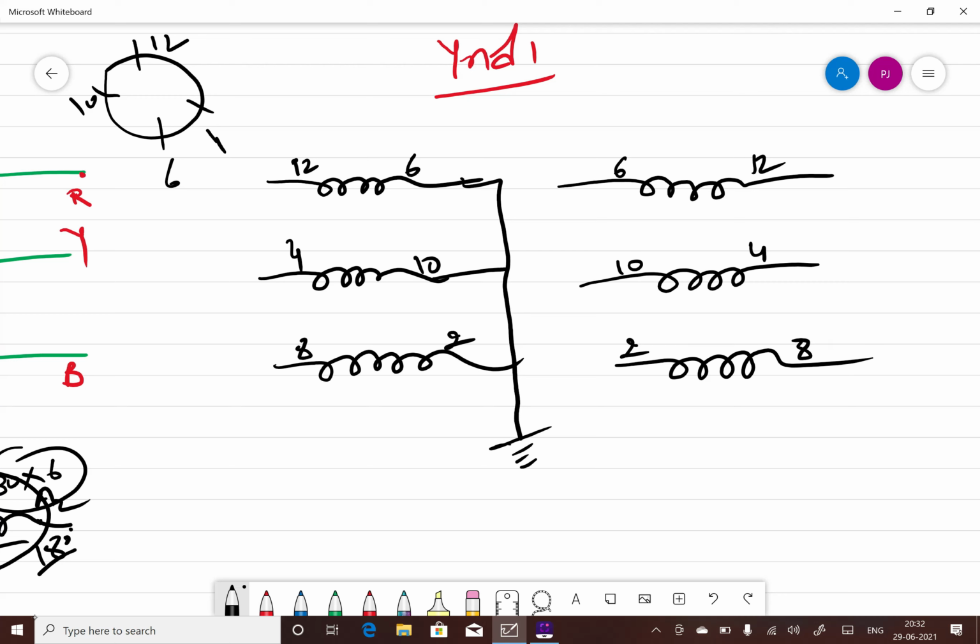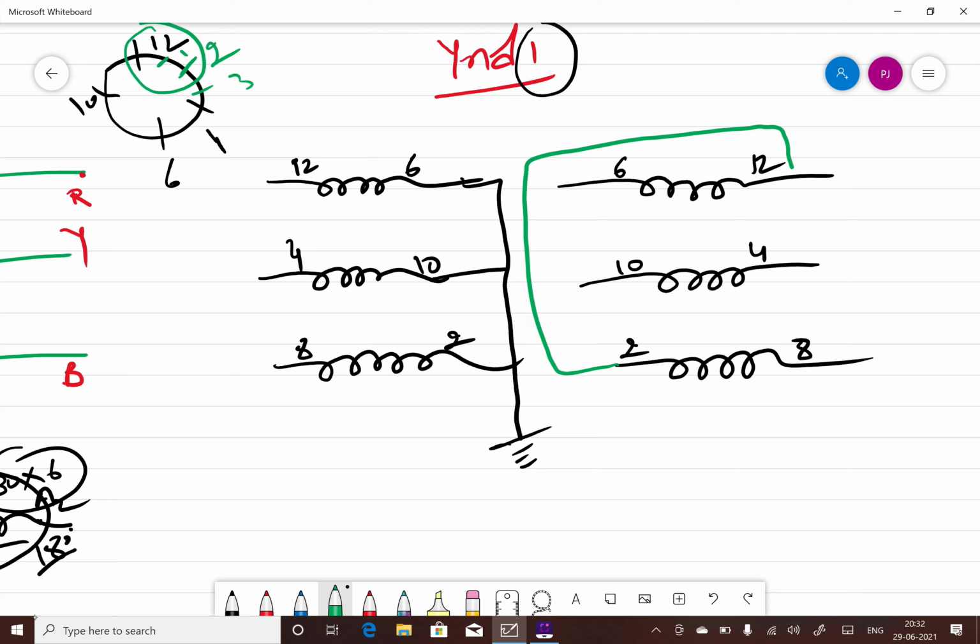You want to have a connection as YND1. So in the clock, where does 1 come? 1 comes in between your 12 and 2. This is your 12, this is 2, so 1 will be at this point. And now this is my R phase.